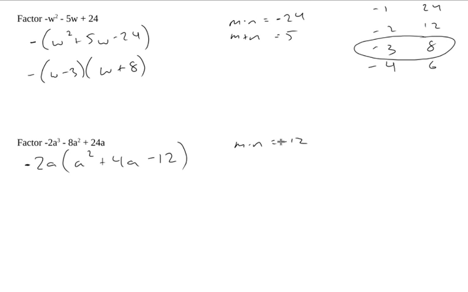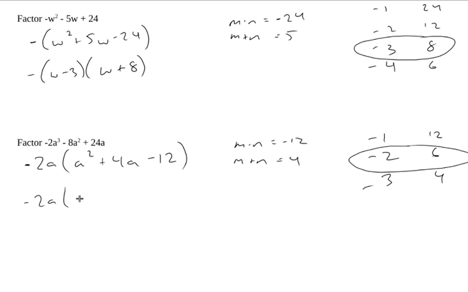So we want our two numbers whose product is negative 12 and whose sum is positive 4. We'll throw the negative on one of these. That looks like that's the pair I'm looking for. So that's how it factors.